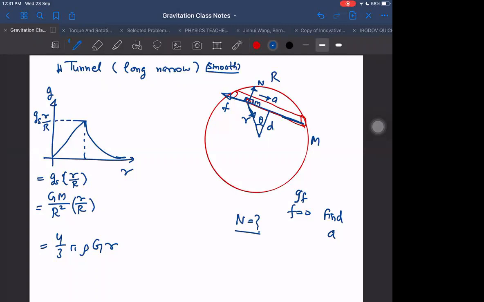For all values of theta, the normal reaction value will be the same. Is that right or not? Yes, sir.